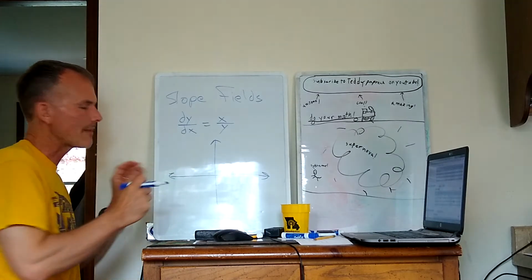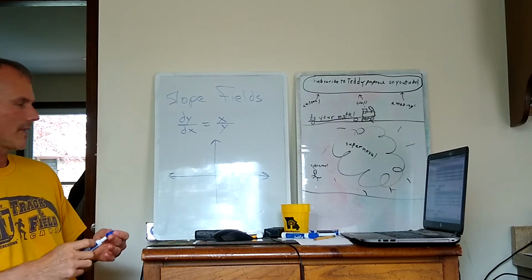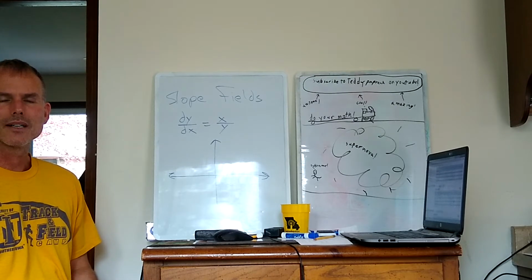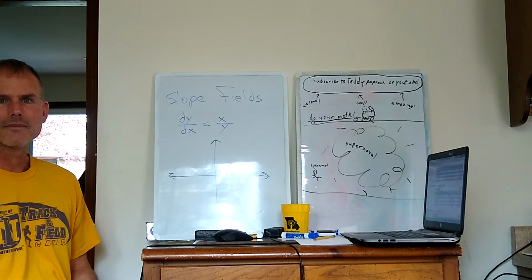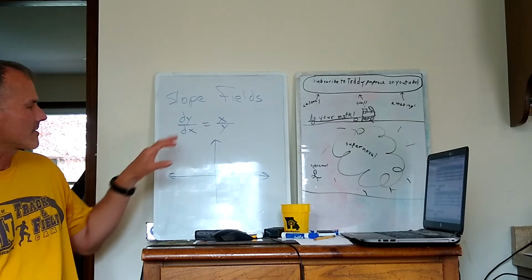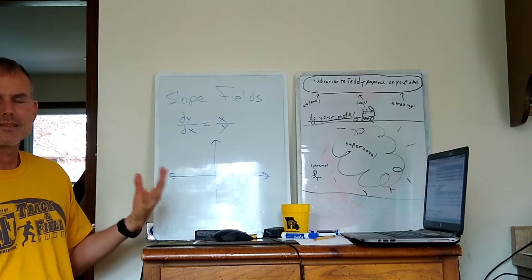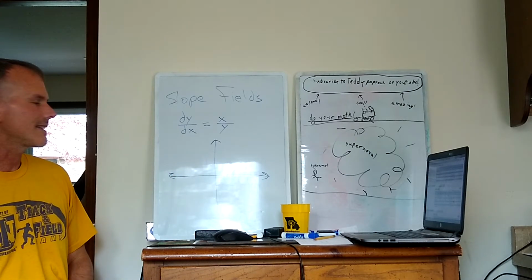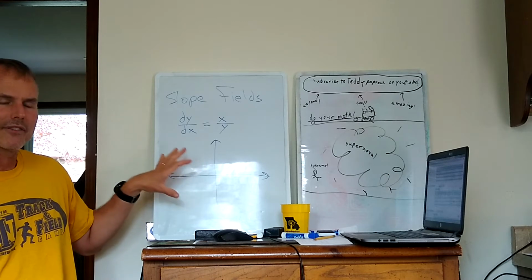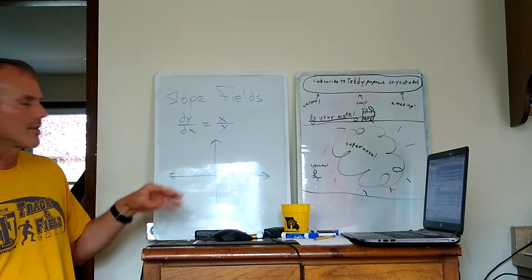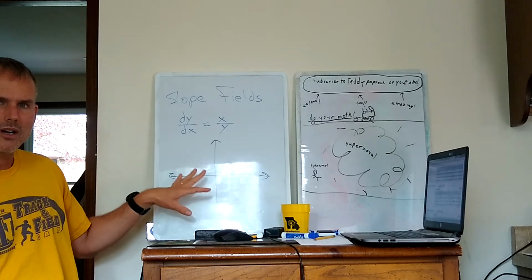So what we do is start by making an xy coordinate plane. I'm not going to make a very big slope field right here; I don't really have room. The AP practice exam that I sent you last week had a slope field problem on it. If you want to pause the video and look back at that, it had a graph already put on the test for you with some points on it.